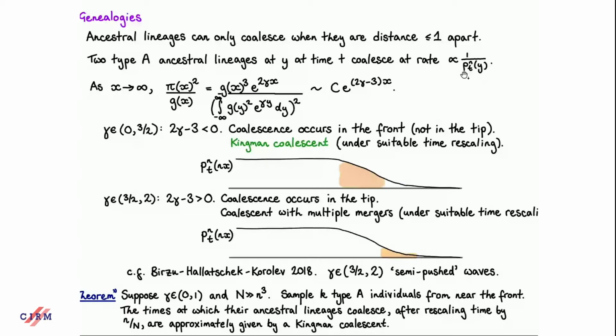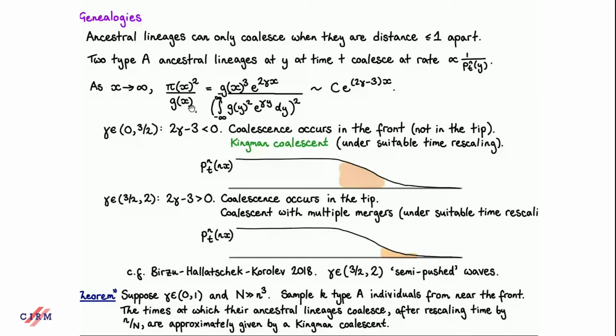So now if we take a location x relative to the position of the random traveling front, after doing our space rescaling, what's the rate at which we should expect to see coalescence at x? Well, we would have something that's proportional to roughly pi of x squared, which comes from the probability that two ancestral lineages are very close to x, divided by g of x, which comes from the rate at which two ancestral lineages at x coalesce.